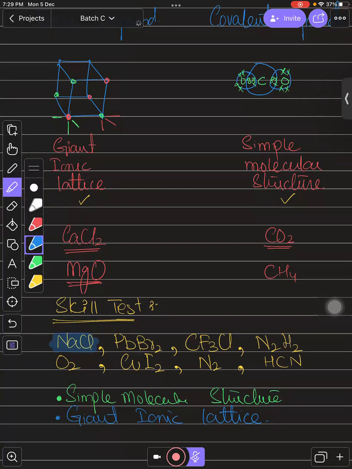Arsa. Sir, CF3Cl. Yes, CF3Cl. Good job. I have to mark this in green.